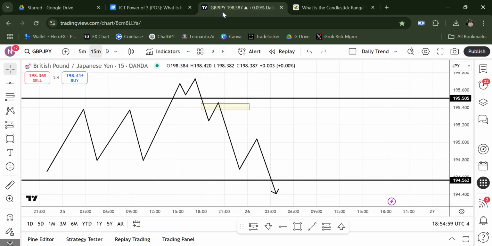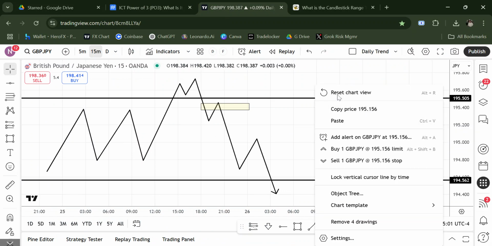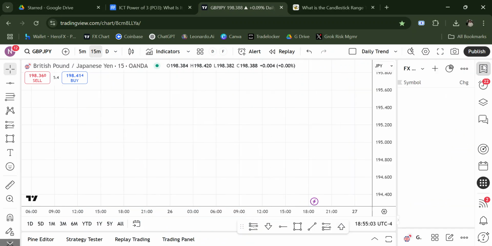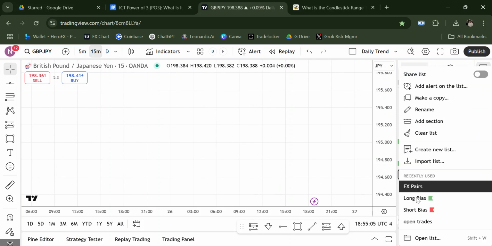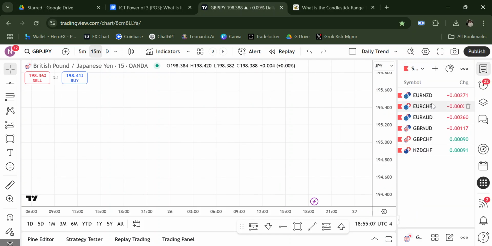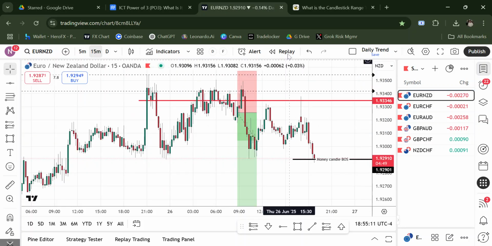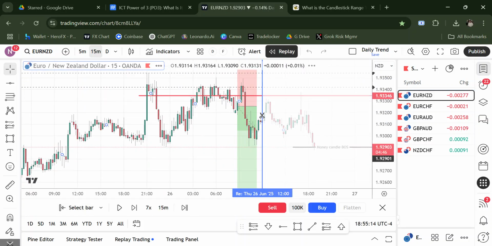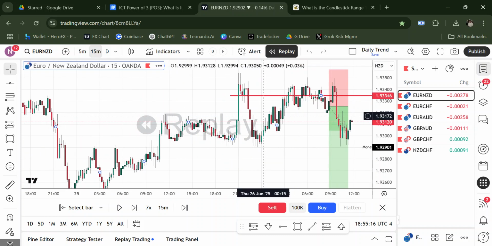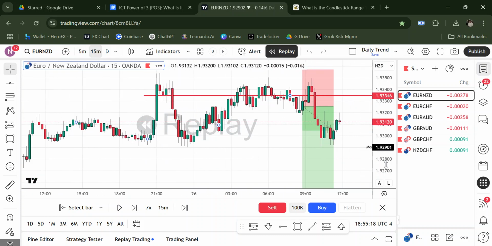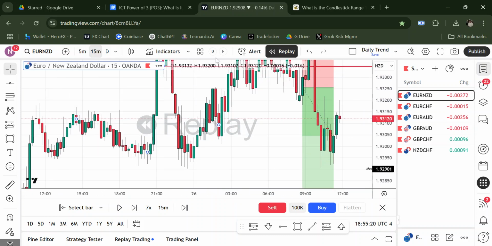So let me show you a real trade that I'm in right now. Let me get rid of all this. I'm on Euro, New Zealand. I'm going to have to replay it a little bit to show exactly how it shook out. Okay, and let's see here.